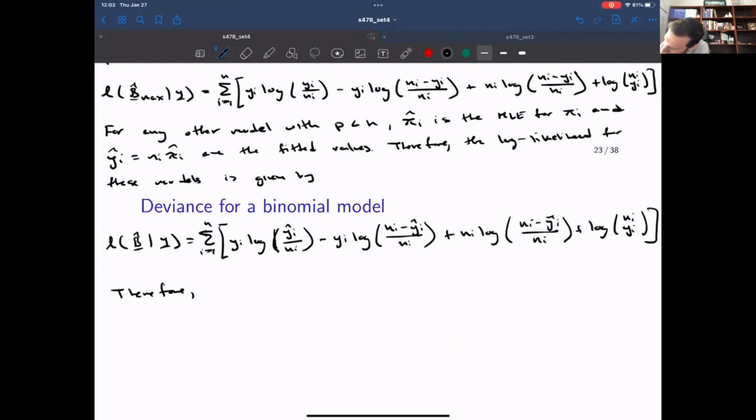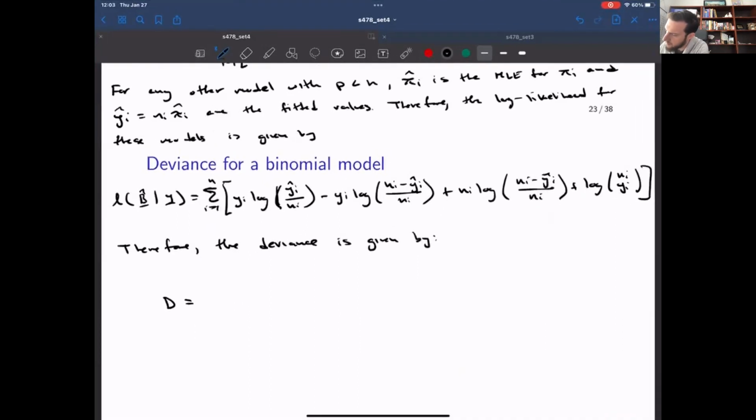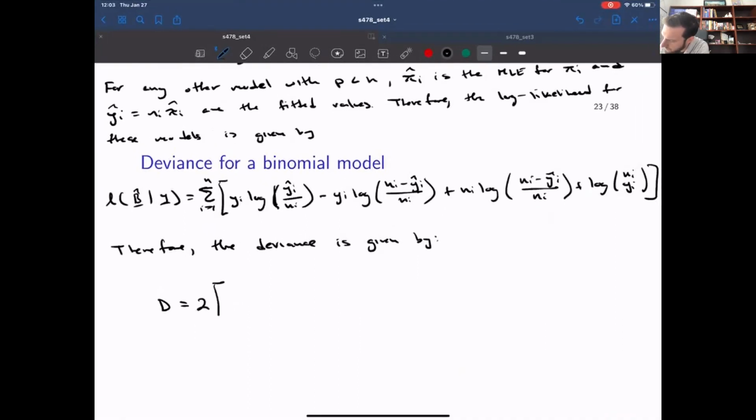Therefore the deviance is given by D equals 2 times the log likelihood at the saturated model minus the log likelihood of every other model.